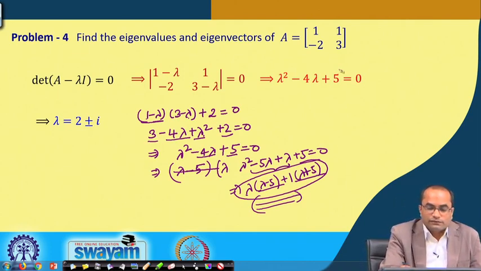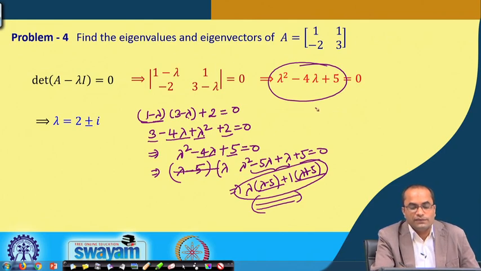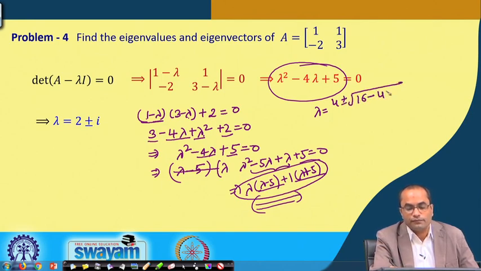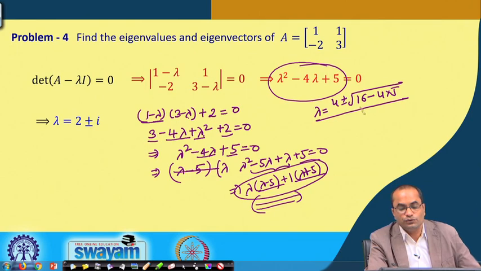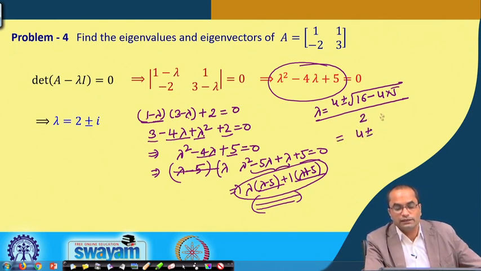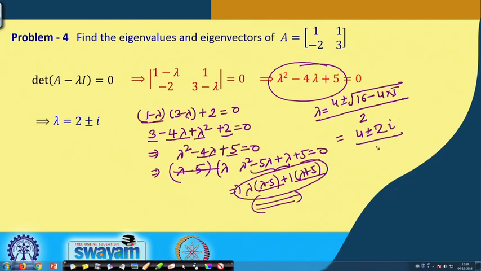So, when we solve this equation for lambda, it is a quadratic equation, so we can easily do that. So, minus b plus minus square root of b square minus 4 a c, and then we have 2 a. So, divided by 2, this is 4 plus minus, and this will come to 2i, and then we have 2 there.